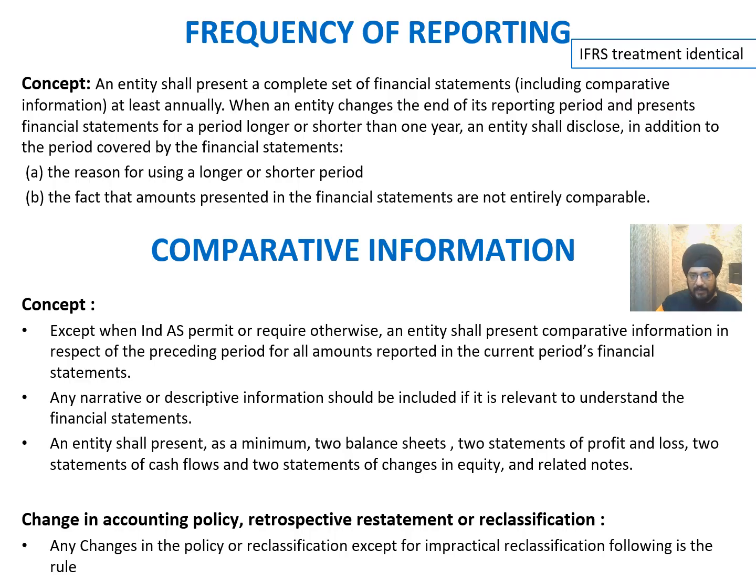They should also disclose the fact that amounts presented in the financial statements are not entirely comparable, because there is no comparable period for the previous year, specifically for companies that have started their business and are in the first year of operation.